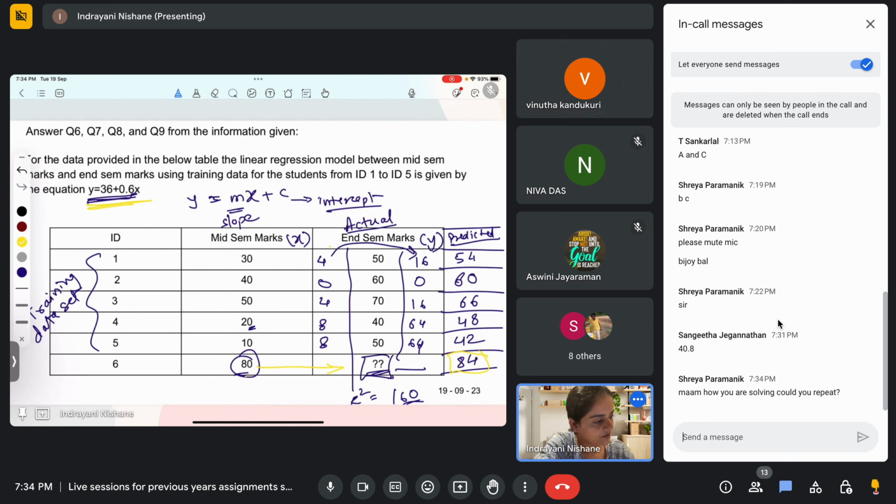This is the difference between predicted minus actual value. This is the difference, which is r, and this is r square, because the error minimizing function works as root mean square value.